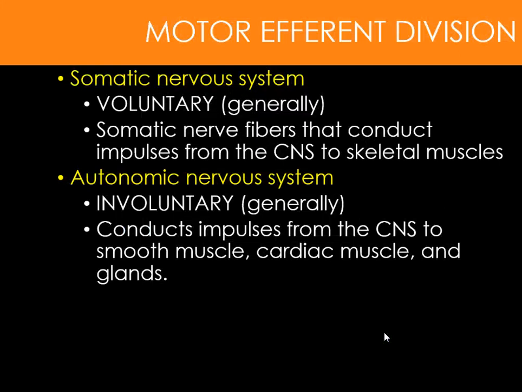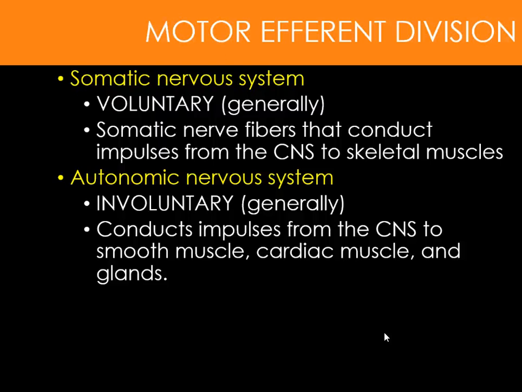Okay. Now, the motor division can be divided into two sections as well. Your voluntary and your involuntary. So that's somatic is voluntary, autonomic is involuntary, and they are just what they sound like. Somatic nerve fibers send impulses to the skeletal muscles so you can move them. And so this is all about your movements that you're doing intentionally.